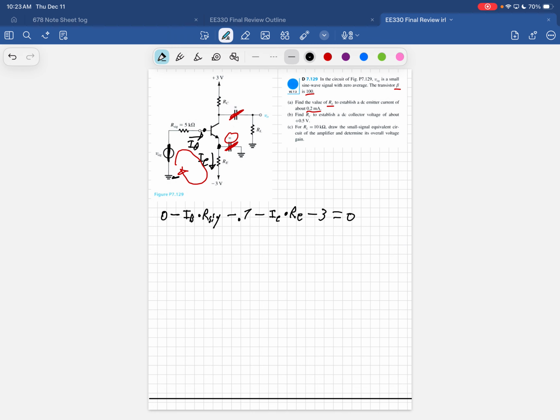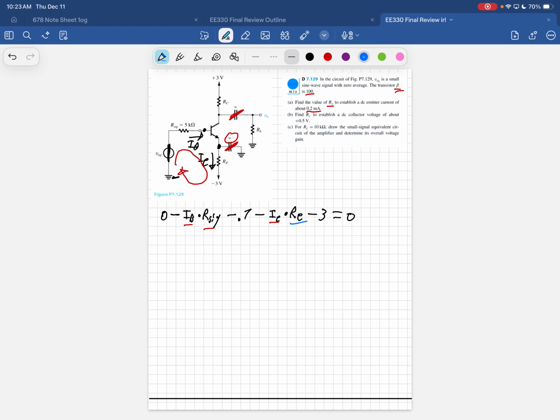Okay, so we have RE, right? No, we don't. We're trying to find RE. We have IE, and we have beta, which means that we have IB, and we have R sig. We're solving for RE.